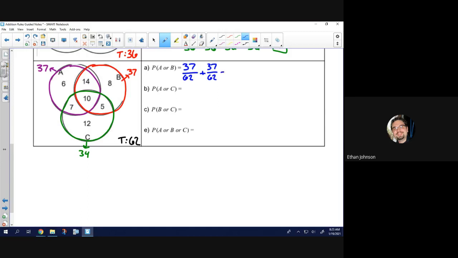Minus my overlap. So overlap between my red and purple circles are 14 and 10. 14 plus 10 gets me 24, so it's minus 24 out of 62. 37 plus 37 minus 24 gets me 50 out of 62. That's my final probability.